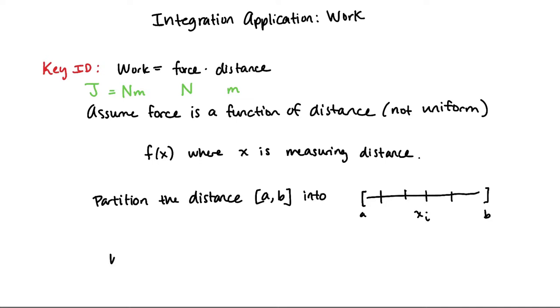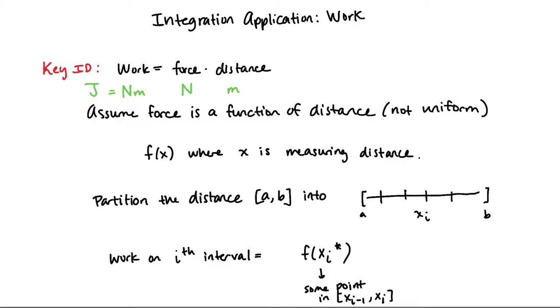So the work on the ith interval is going to be f of x sub i star, some point in your ith interval.